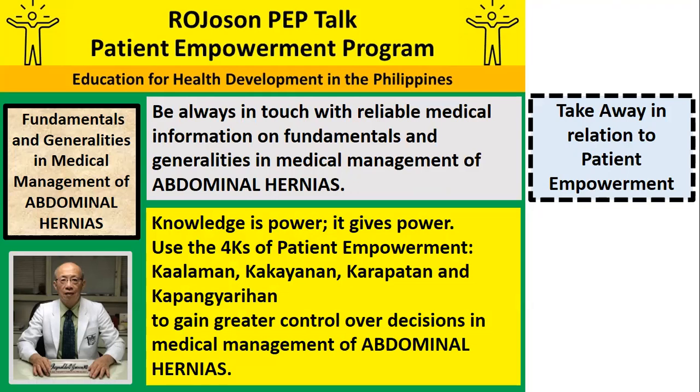Knowledge is power. It gives power. Use the 4 Ks of patient empowerment, which are kaalaman, kakayanan, karapatan, and kapangyarihan to gain greater control over decisions in the medical management of abdominal hernias.